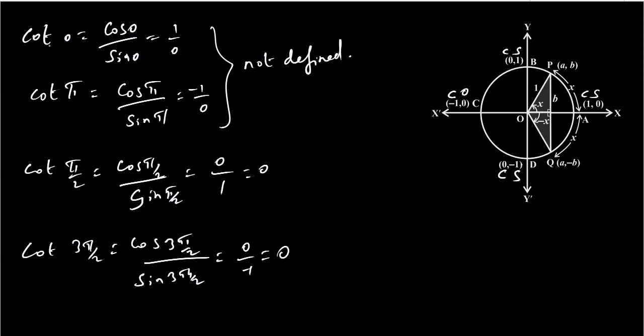But in all these cases, if we take the circular graph of the function, cot 0 and cot pi become not defined.